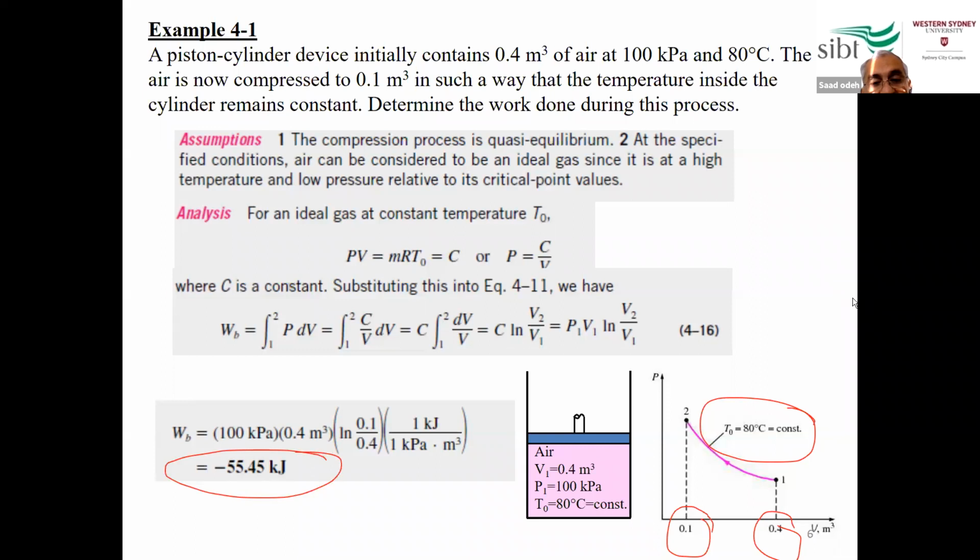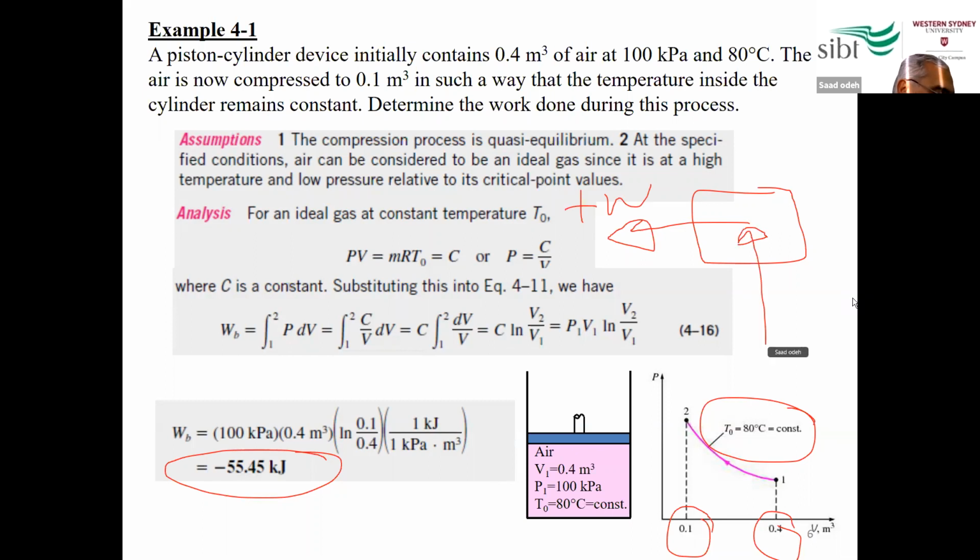Correct? Because in compression, remember before we said that if you have a system, the sign convention: if you have work produced from the system, we give it a positive sign. If the work is going into the system, which is our case now, we have compression, we are adding work to the system, we should have a negative value.